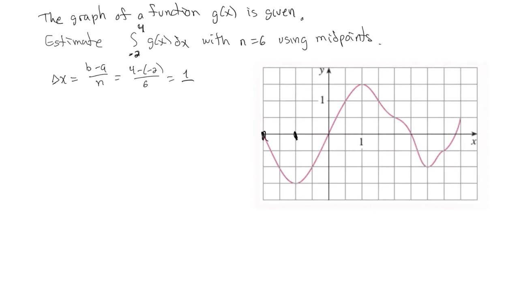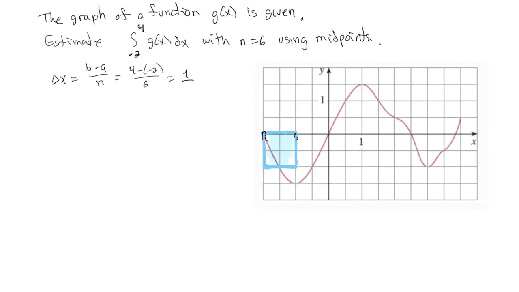So starting at negative 2, my delta x of 1 takes me from minus 2 to minus 1, and I'm using the midpoint to create the height of the rectangle, I should say. So here's my first rectangle here. Now I'm going to come back and erase that middle line because that looks a little confusing. So there's my first rectangle, my first subdivision.